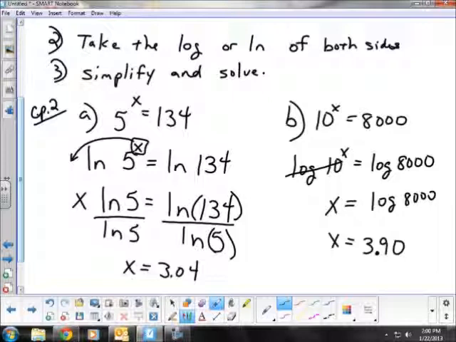That's why I say it doesn't matter which one you do, but if you pay attention, you can knock a step out of it. Did you make sure your parentheses are good? When you do the ln, you have to do the ln of 8,000 divided by the ln of 10, because you have to account for the base. The base doesn't disappear on that one if you take the ln of it.